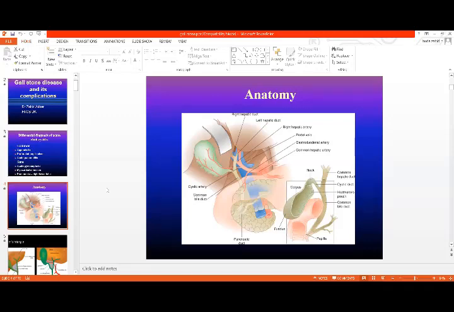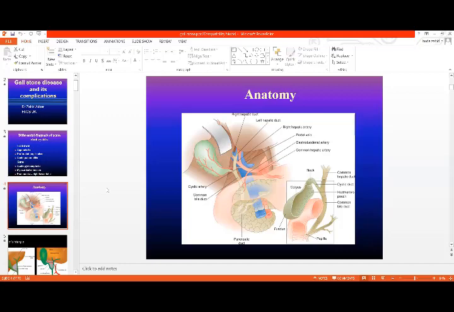There's usually one question of surgical anatomy, and they might ask you about Calot's triangle. Calot's, the T is silent. You can say Callot's triangle, but it's Calot's triangle.